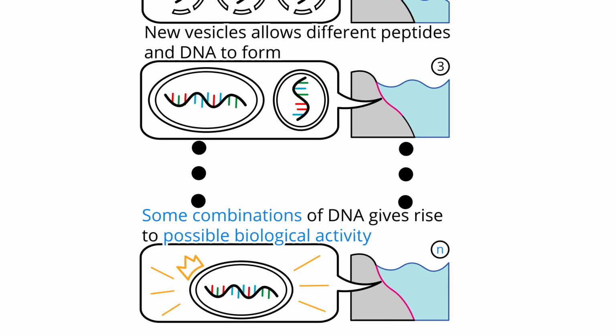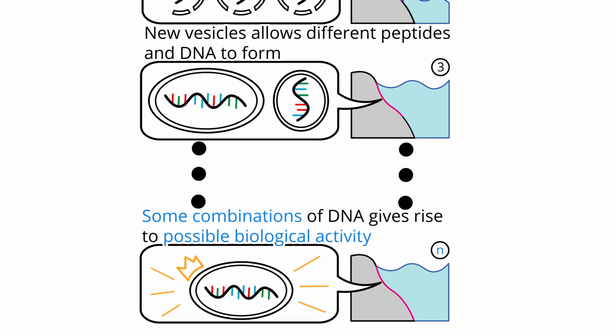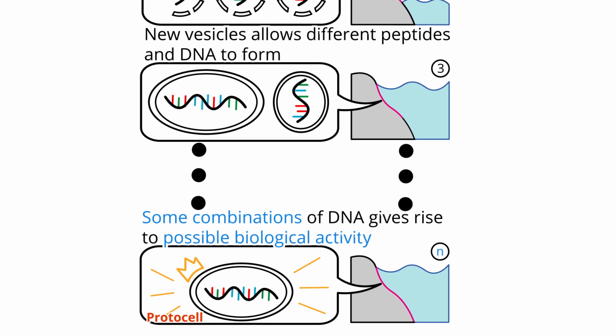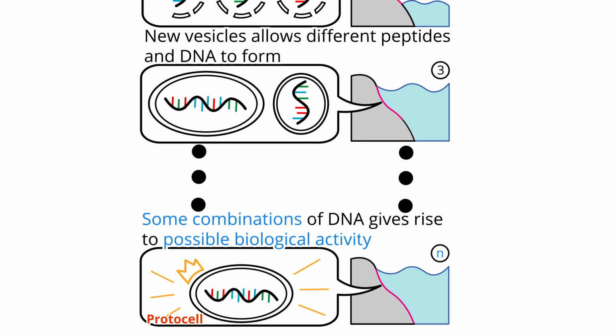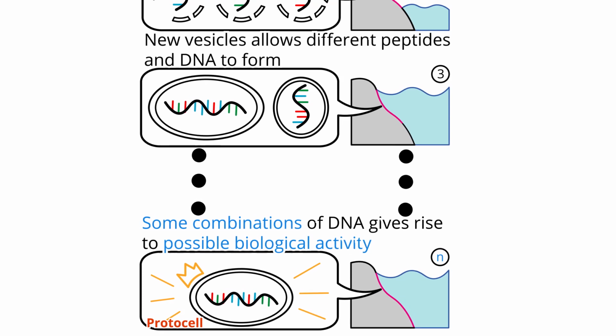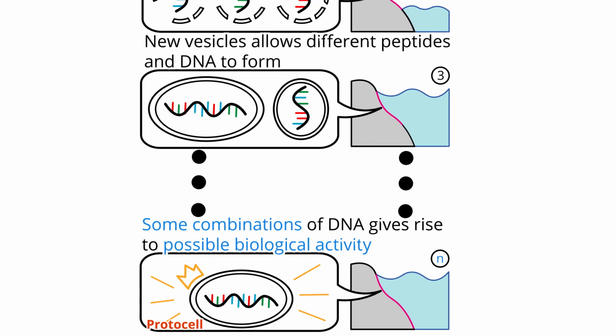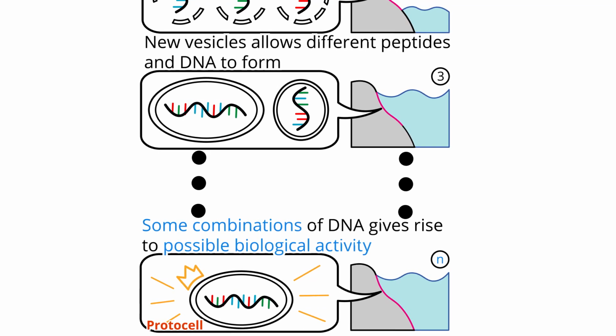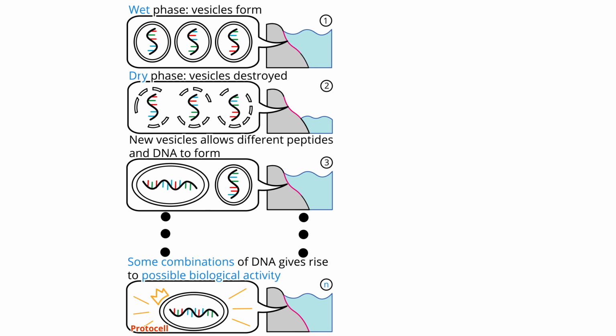Eventually, this might lead to something called a protocell, which is a primitive type of cell that originally arose for the evolution of modern-day biological cells. Thus, the researchers hypothesize that these cycles of wet and dry could have originally initiated Darwinian evolution, and eventually, life as we know it today.